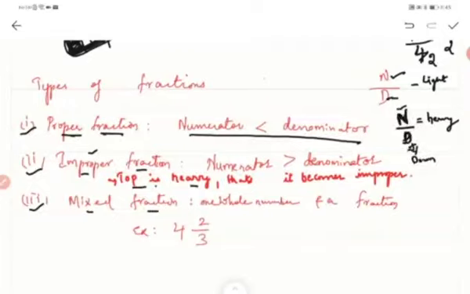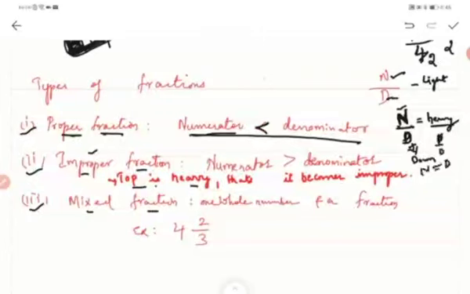Whenever your top, that is numerator, becomes heavy, the fraction becomes improper. All right, and the opposite of that, that is proper fraction, numerator is always less than denominator. Okay, so in an improper fraction, numerator can be equal to denominator. So you can have same numbers, numerator can also be equal to denominator.